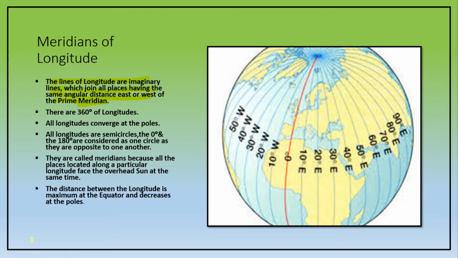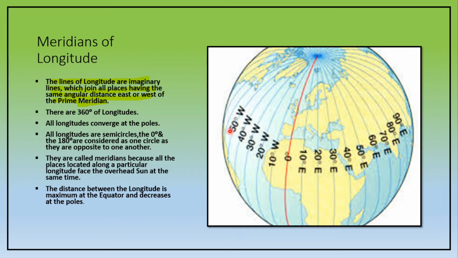So what we come to know is that from the prime meridian we have imaginary lines in the east, that is why it is written E, and similarly we have longitudes which are imaginary lines measured towards the west. Now all these longitudes make up 360 degrees.